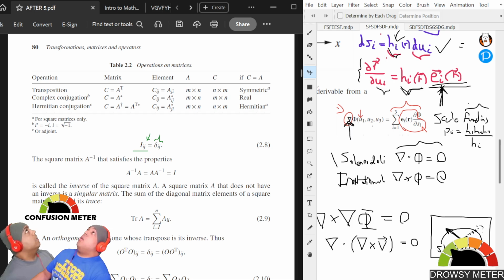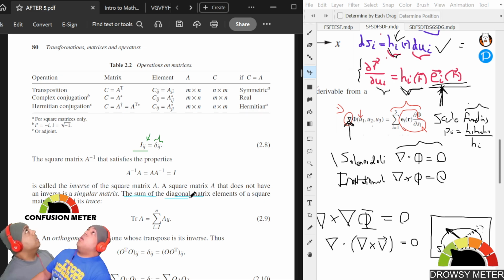The square matrix A to the minus 1 that satisfies the property that the product of A minus 1 and A equals I is called the inverse of the square matrix A. A square matrix A that does not have an inverse is a singular matrix. The sum of the diagonal elements of a square matrix is called its trace.